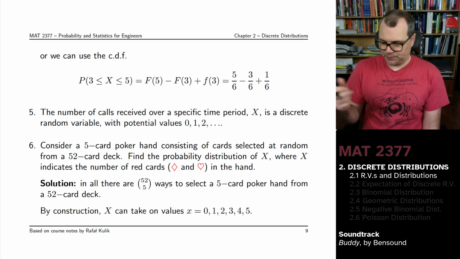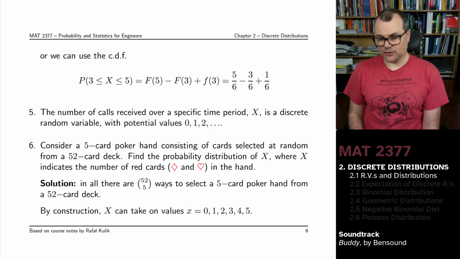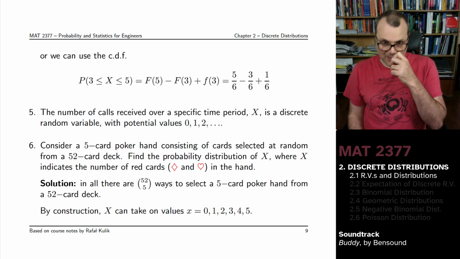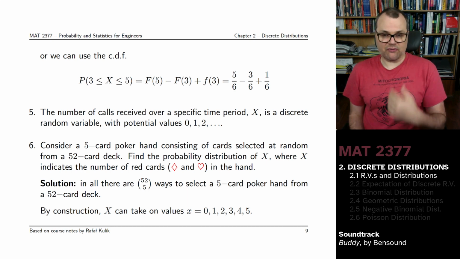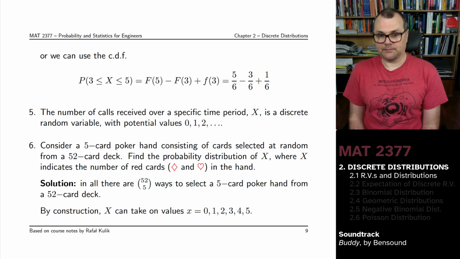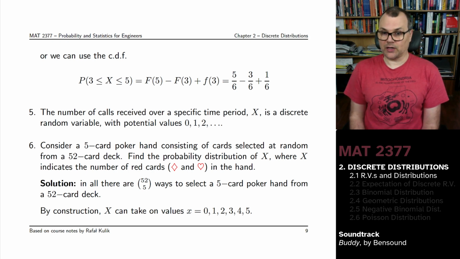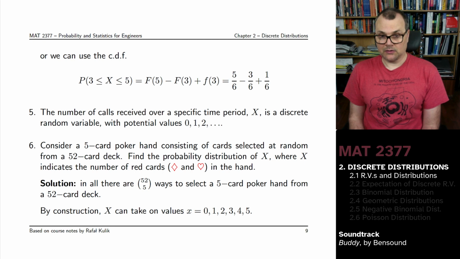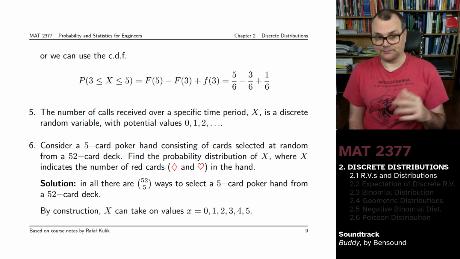If you pick 5 cards, or if you draw 5 cards, or if you're dealt 5 cards, you cannot have more than 5 red cards in your hand. But you can't have less than 0 red cards in your hand. The only values that x can take will be 0, 1, 2, 3, 4, or 5.